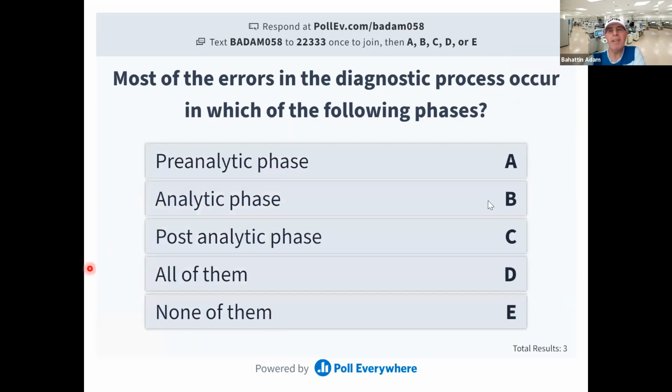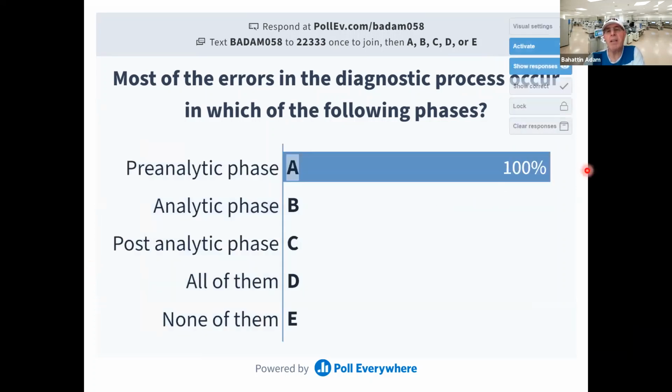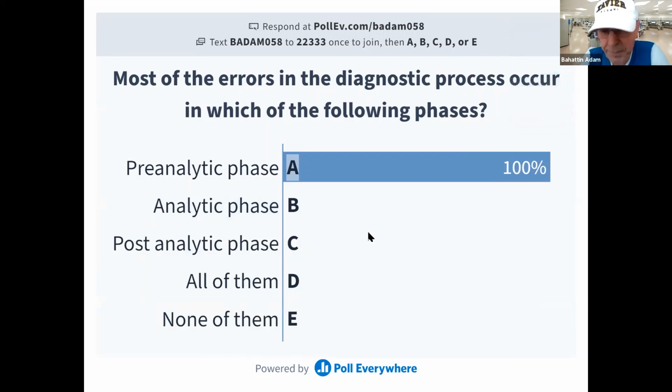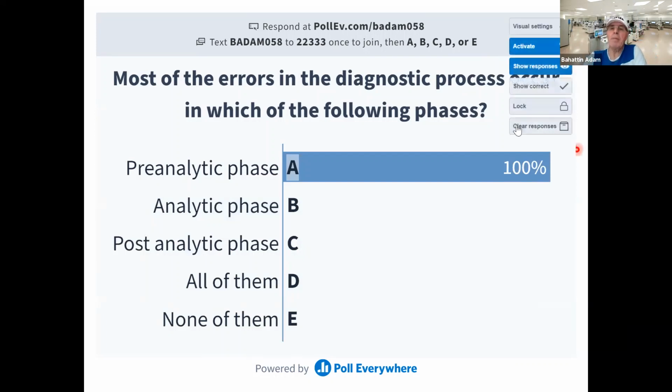Something is wrong with my internet connection. I'm not sure, but okay, the correct answer is A. Now, if you know in which phases most errors occur, you can prevent them, right?